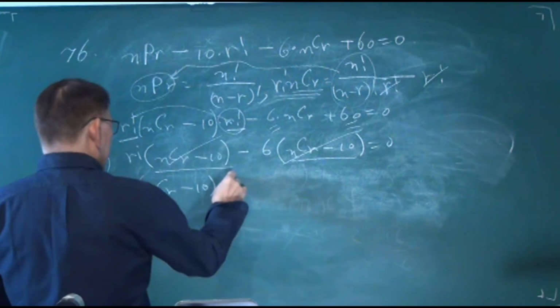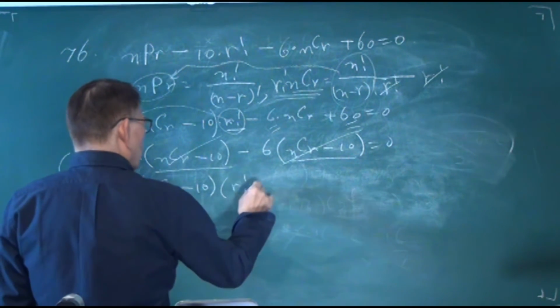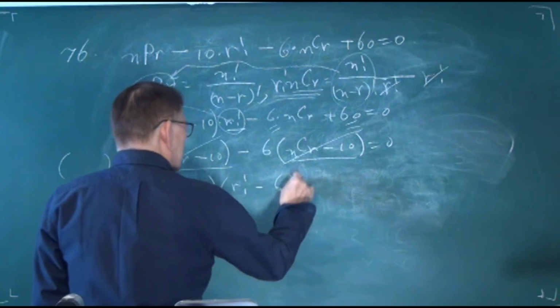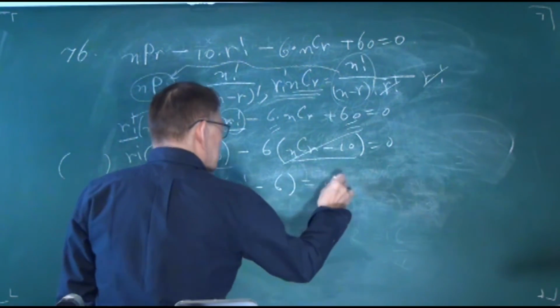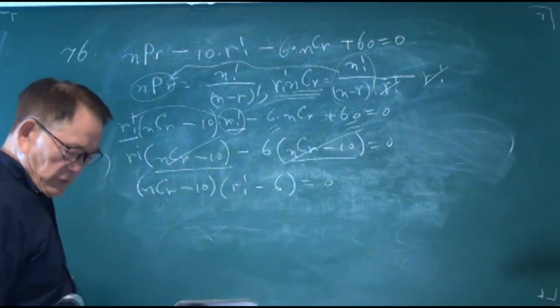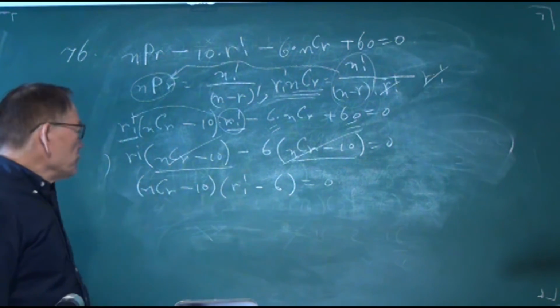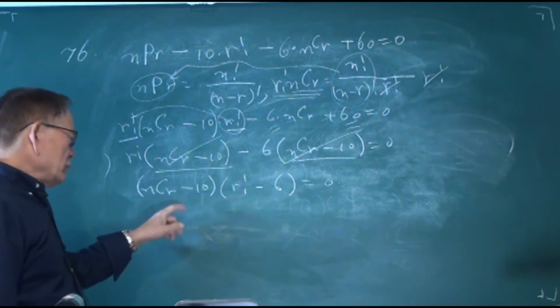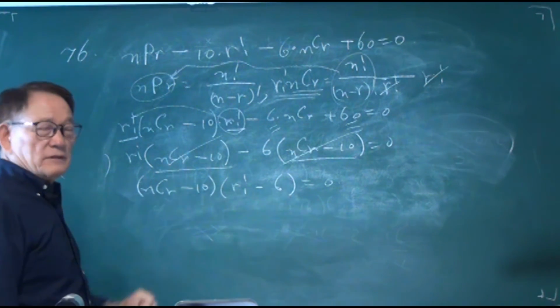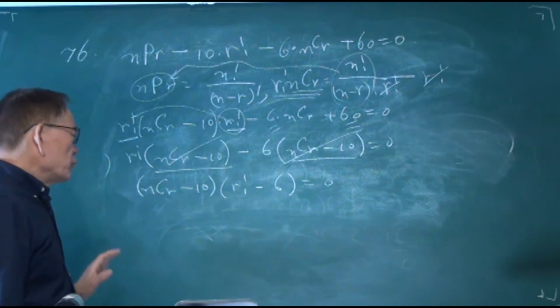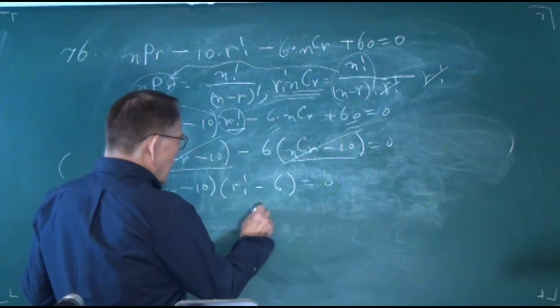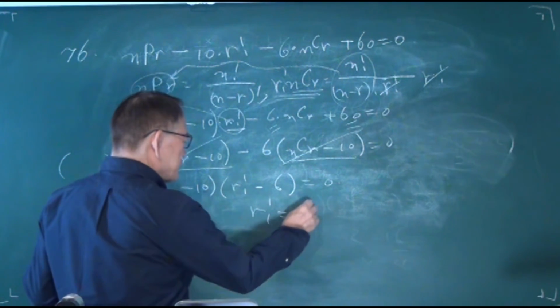Then we have inside r factorial minus 6 equal 0. We have to solve for n and r. But here we have n and r, two different ones, and here is only r. So we try to solve this one. r factorial is 6.